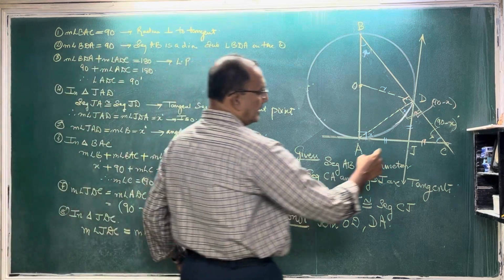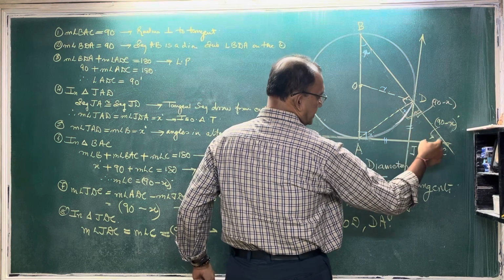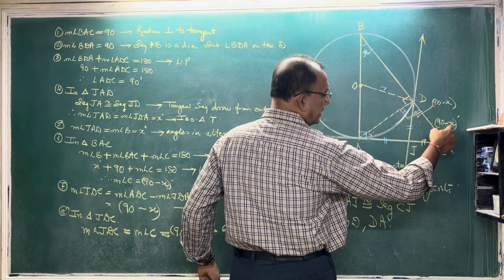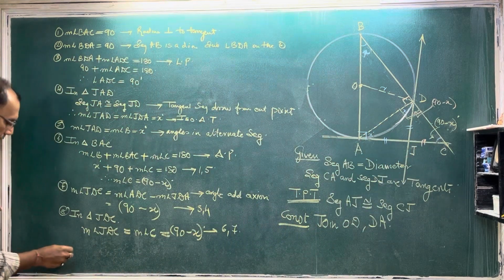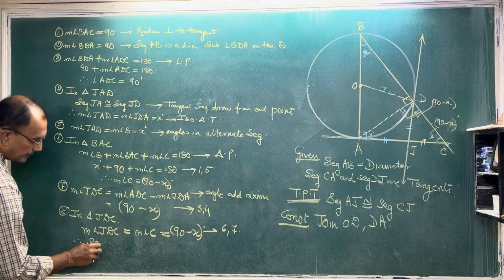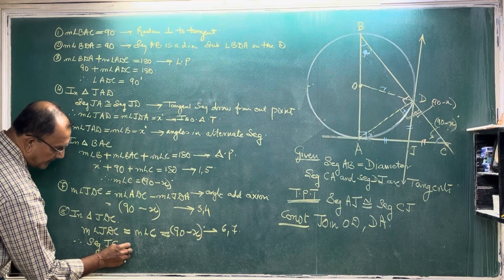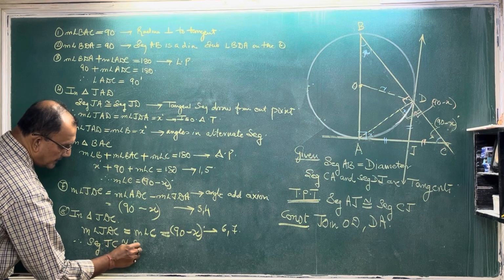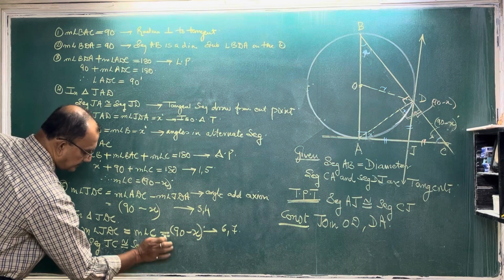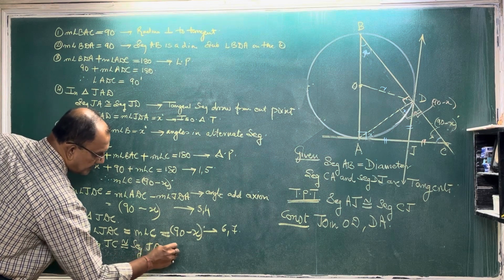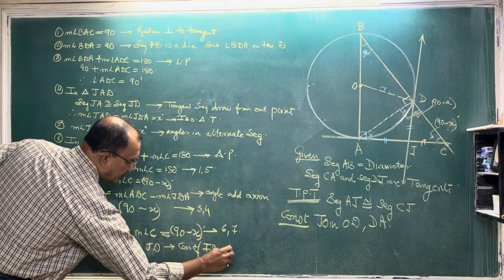Now children, in triangle JDC, both the base angles are congruent, that is 90 minus X, 90 minus X. If I apply the converse of the isosceles triangle theorem, therefore Seg JC is congruent to Seg JD. This is by the converse of the isosceles triangle theorem.